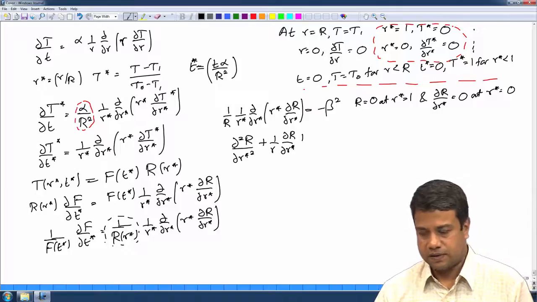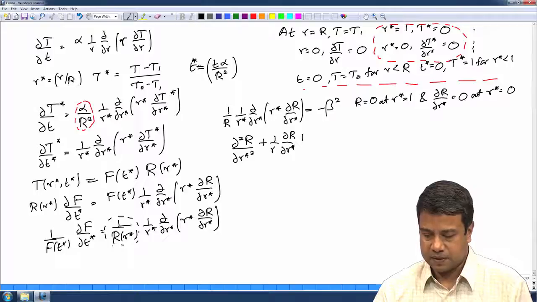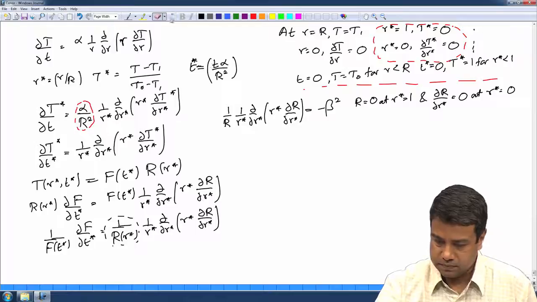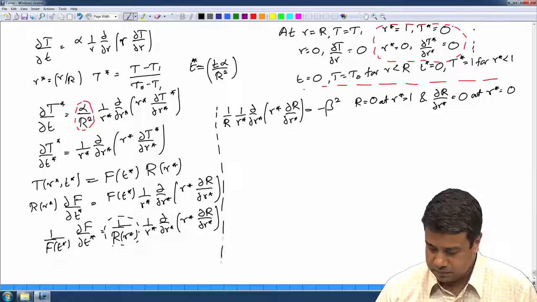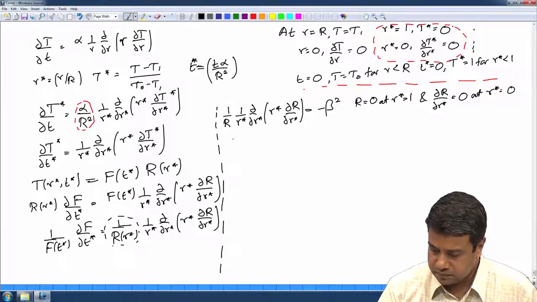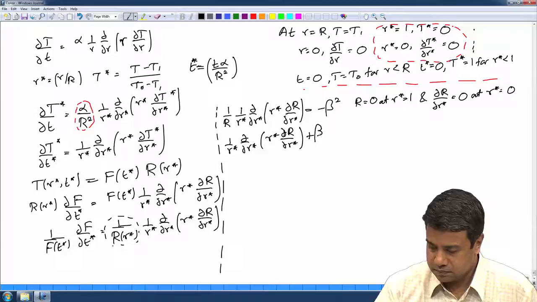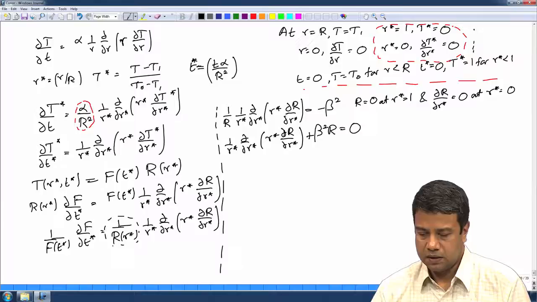And therefore, if I multiply both the left and right sides by r, what I will get is the equation.